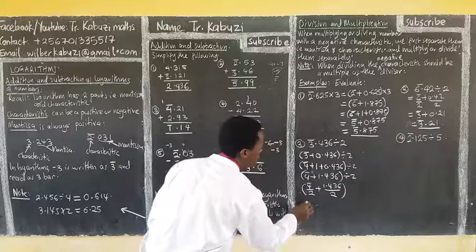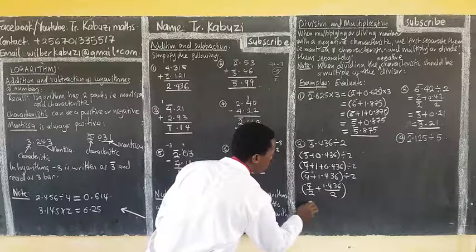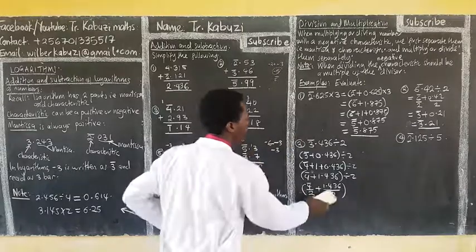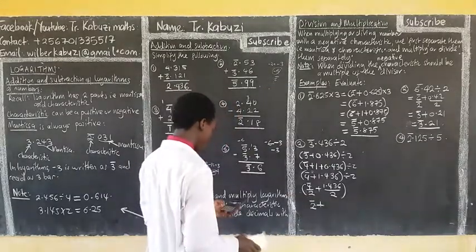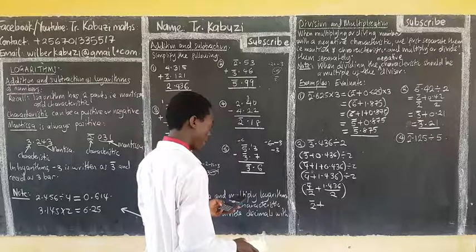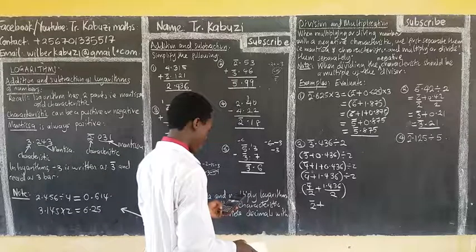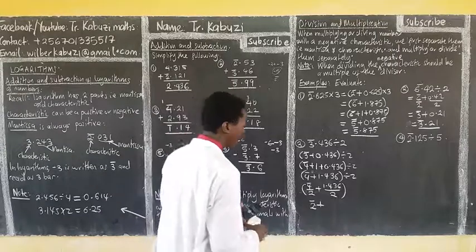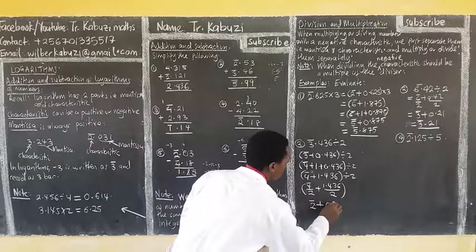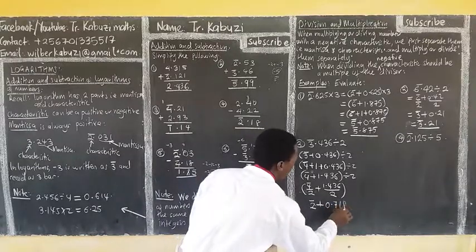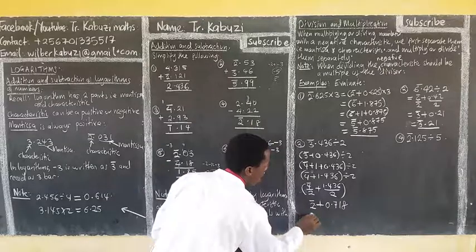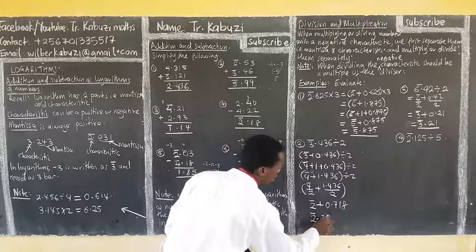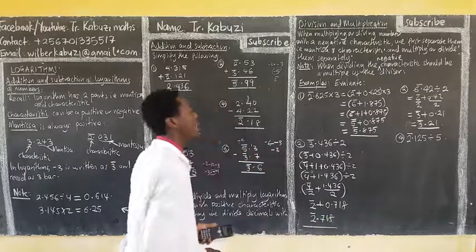That gives us 2 bar, then plus 0.718. We add this 0 to this to get 2 bar 0.718, and you are done there.